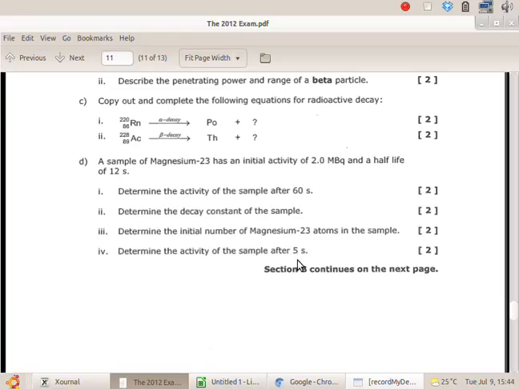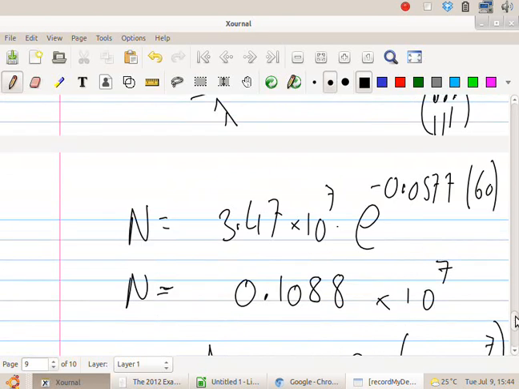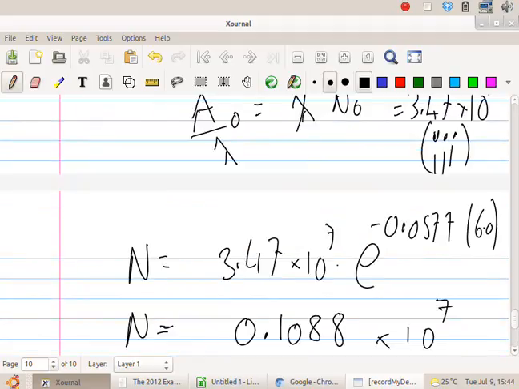Determine the activity after 5 seconds, which is exactly the same as after 60 seconds. You just put a different time in. So it's 5 seconds. We find the N first. So just put 5 in there, please, and tell me what you get.